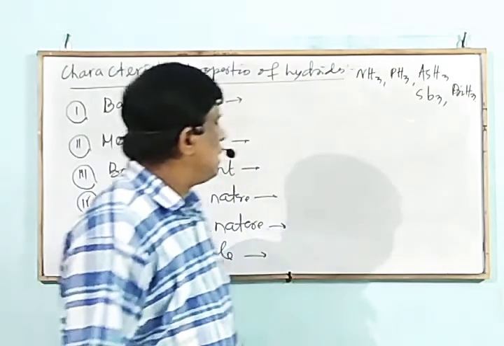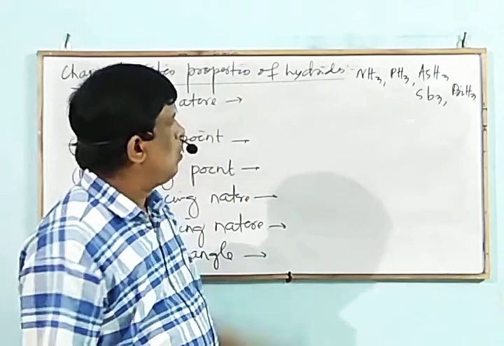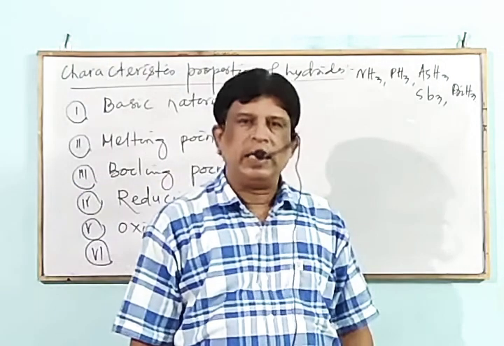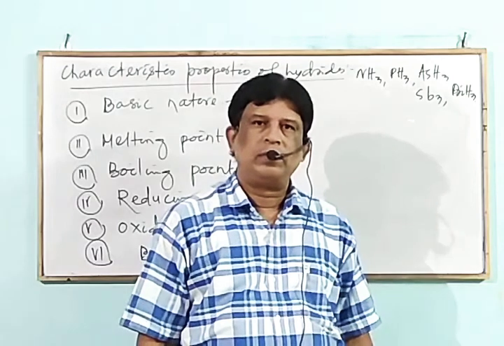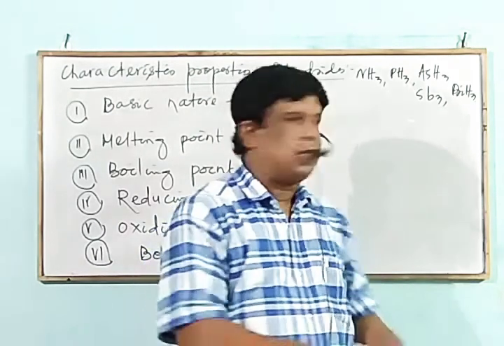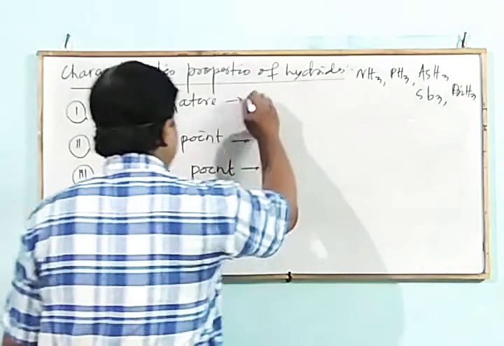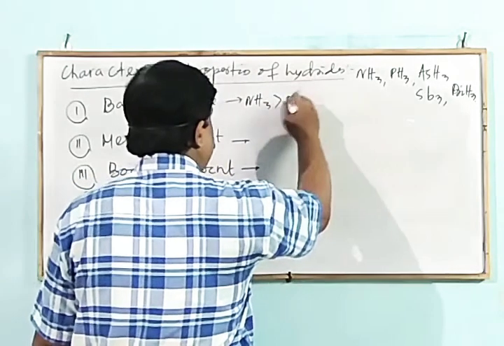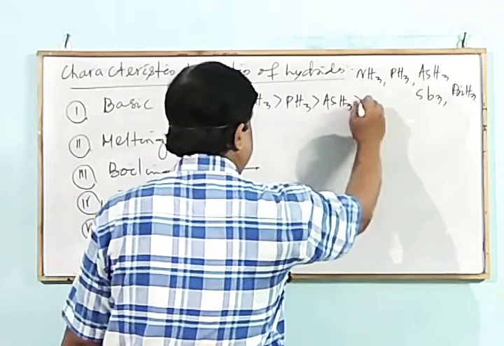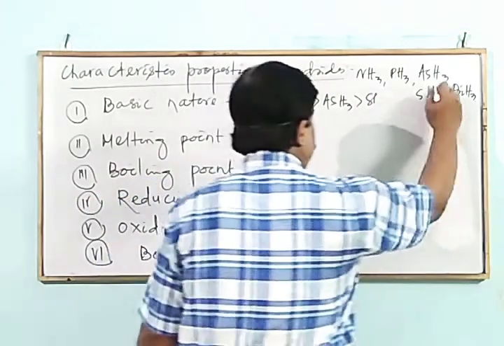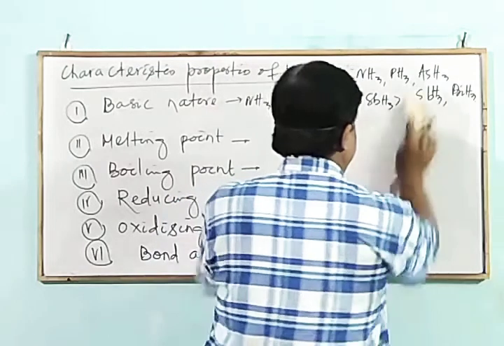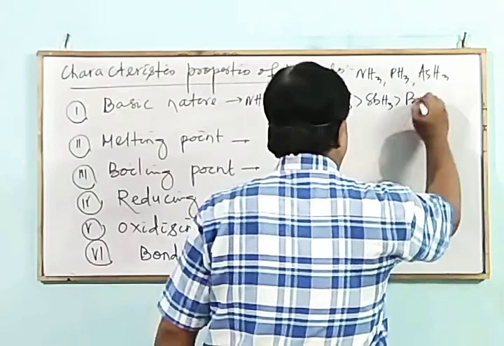Due to the presence of lone pair of electrons, all the members are known as basic in nature. And this nature gradually decreases as NH3, PH3, AsH3, SbH3, and the last one is BiH3.